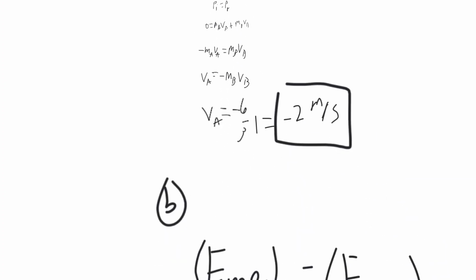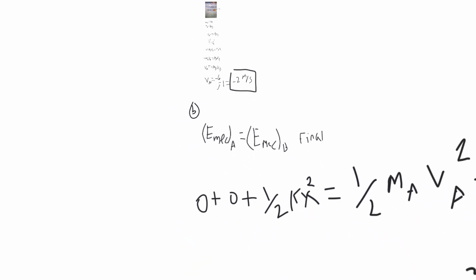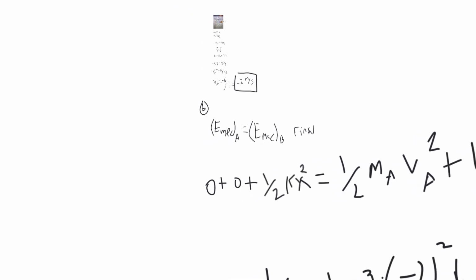Okay? Now to find the potential energy of the spring. Something to know, we know that the mechanical energy of the initial is going to be equal to the mechanical energy of the final.